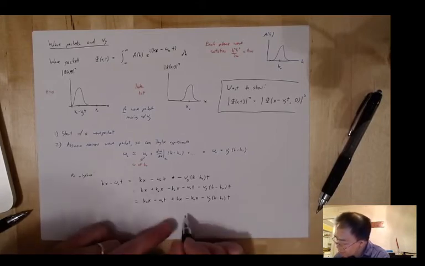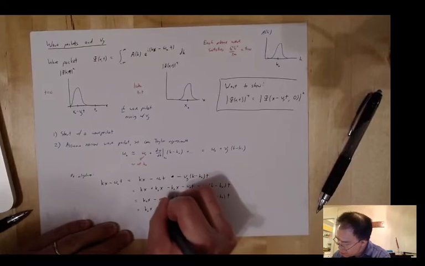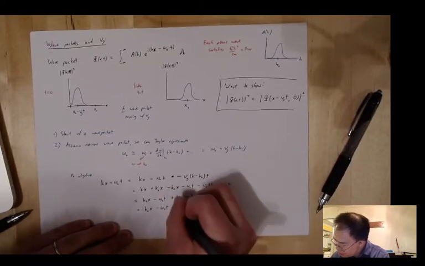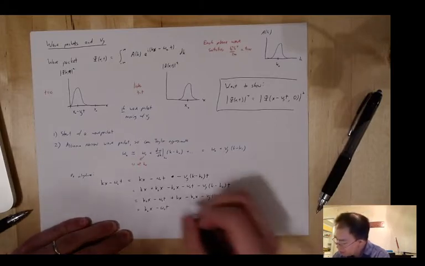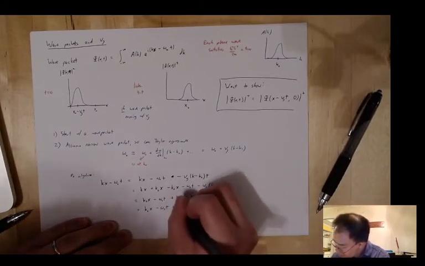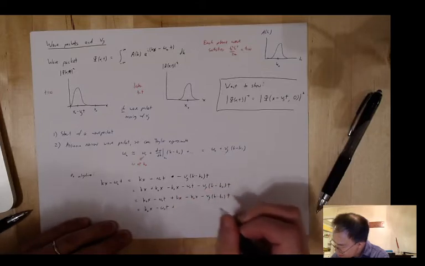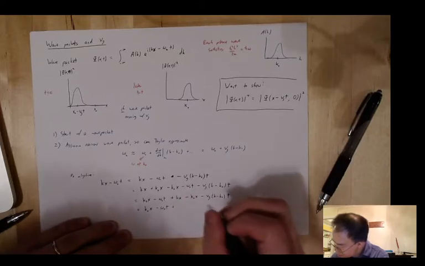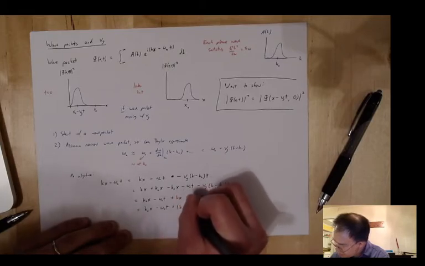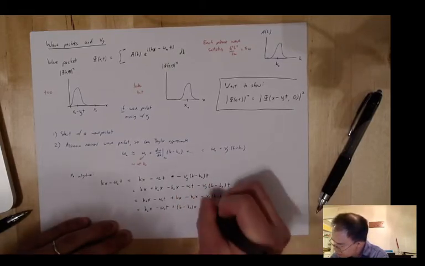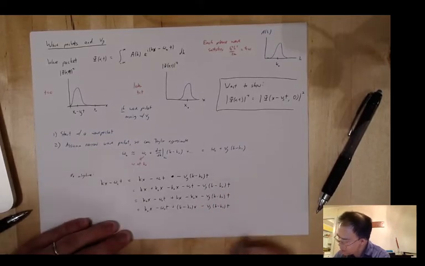But hey, I can factor this, right? I can pull out k naught x minus omega naught t. I can pull out a factor of k out of both of these terms, so I have plus k minus k naught times x minus vg times k minus k naught times t.